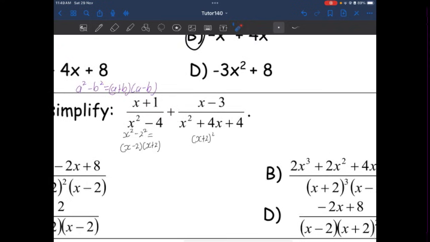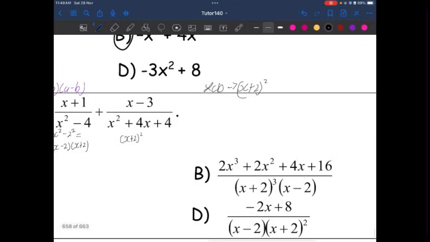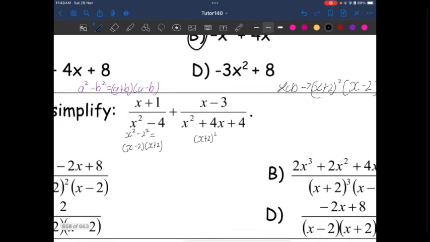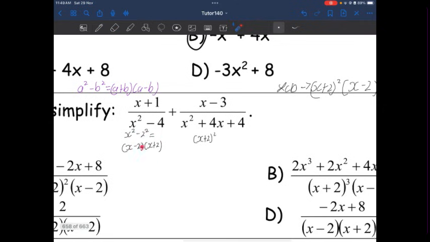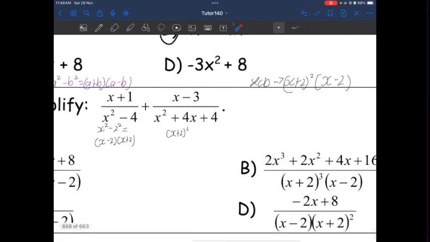So our LCD is (x plus 2) squared (x minus 2). So you multiply both fractions by the LCD. When you multiply this one by the LCD, the only thing left over would be x plus 2, because remember, it's (x plus 2) squared and then x minus 2. The x minus 2 is already here, and only one x plus 2 is here.